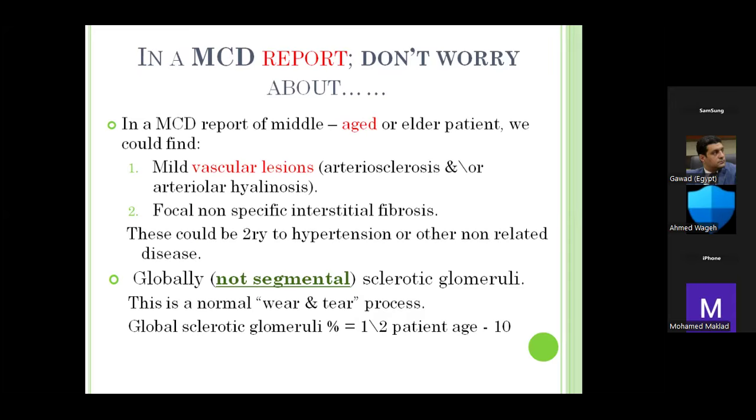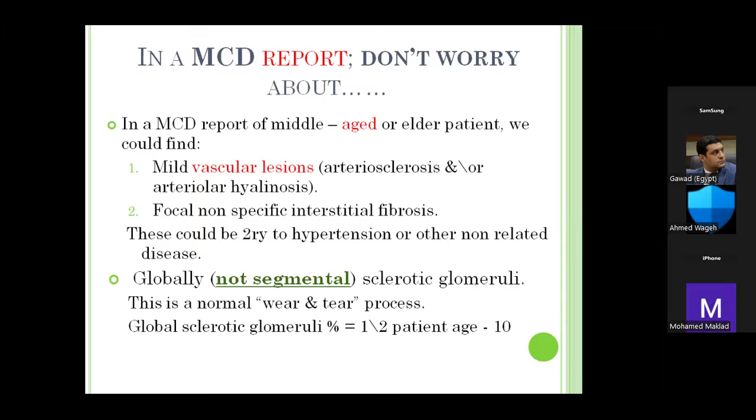And we should be aware of the difference of having some globally sclerosed glomeruli, whatever the age of the patient is. This has an equation that we can calculate: the percentage of normal globally sclerosed glomeruli that can be present is half of the patient's age, minus 10.